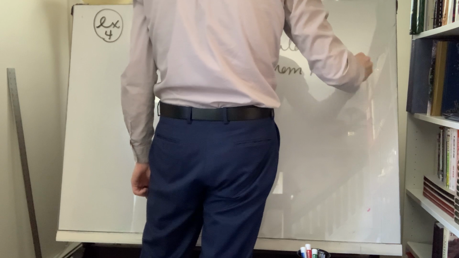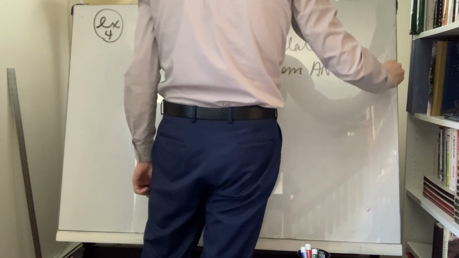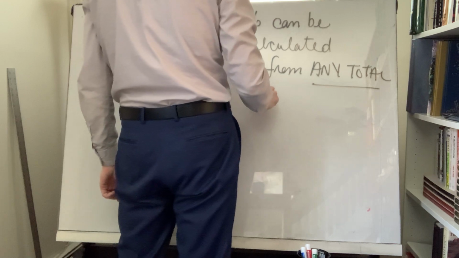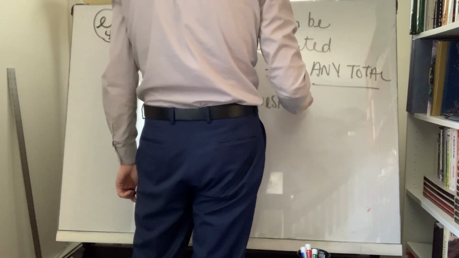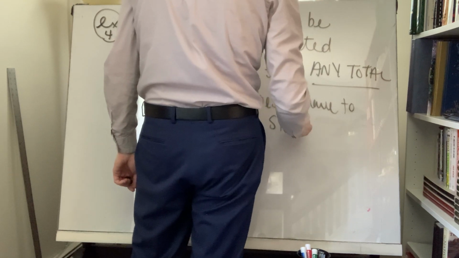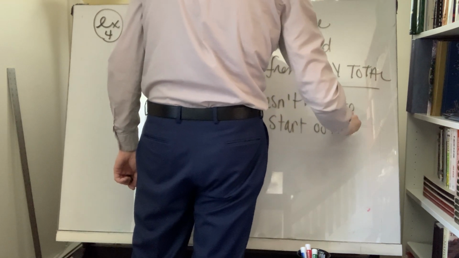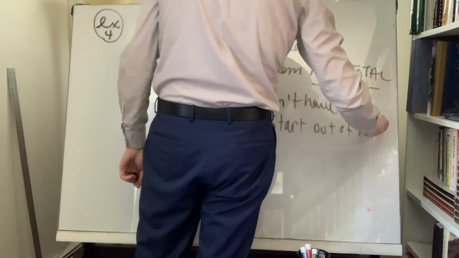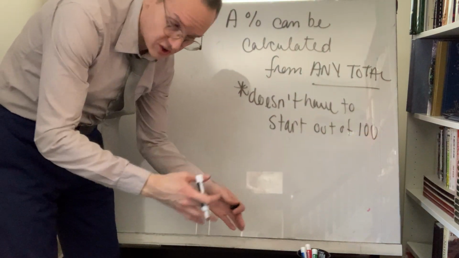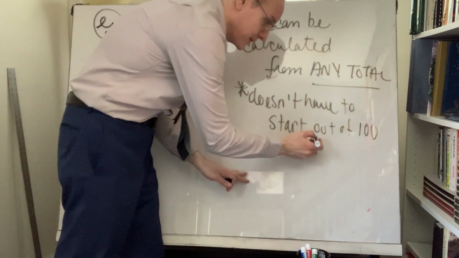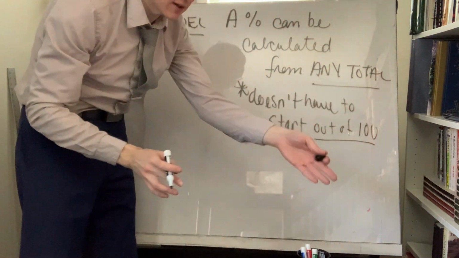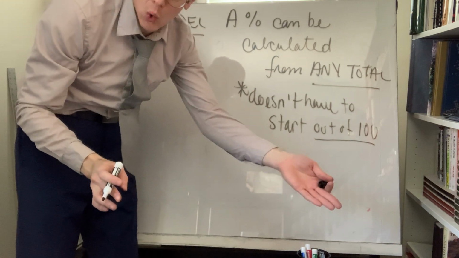It doesn't have to start out over 100 is what I'm getting at. Ultimately, if you want to express something in terms of a percentage, that's what you're converting it to, something out of 100, but it doesn't have to start that way. You notice that in this problem they didn't mention 100 at all.